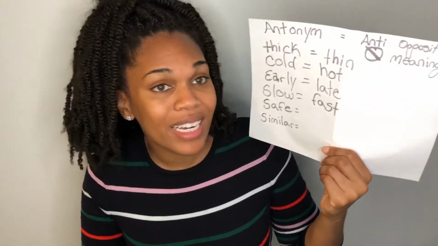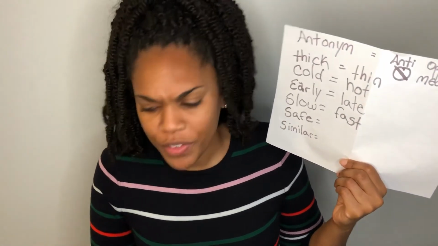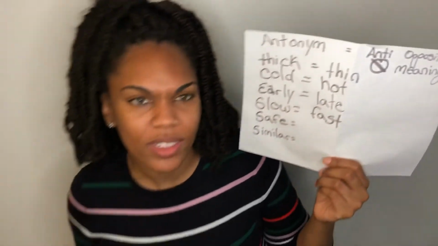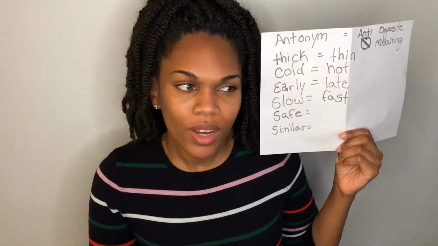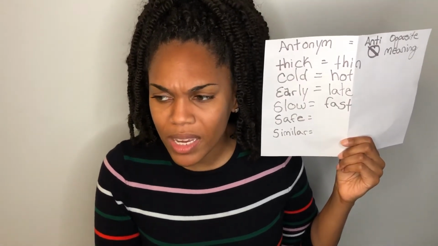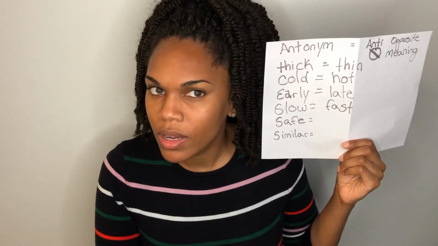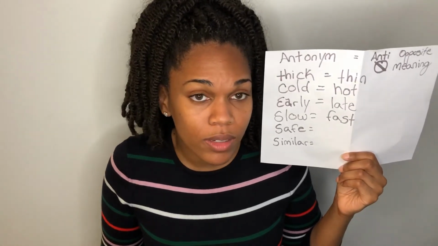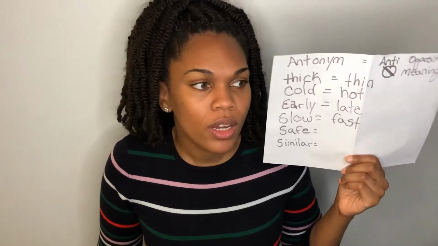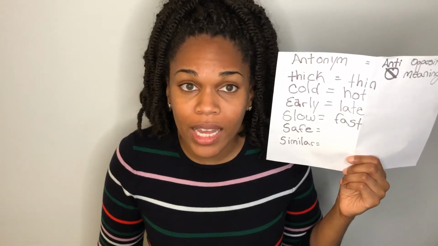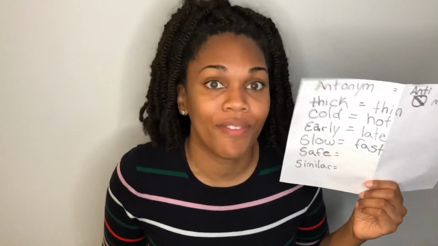What about the word safe? If you're feeling safe and sound, what does that mean? When we're feeling safe, that means that nothing around us is making us feel, if you're thinking scared, frightened, or in danger, then you're right. So the opposite of safe is danger. When I am feeling like I'm in danger, I do not feel safe.